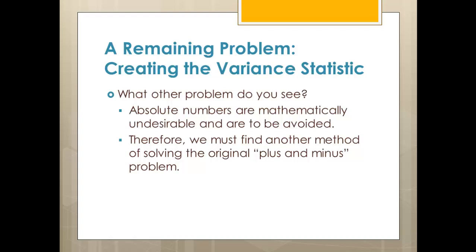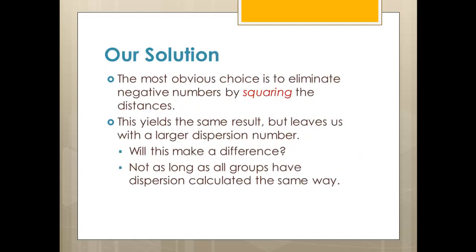Ideally, we want to undo that, but you can't undo an absolute value. So we must find another method of resolving this plus-minus issue, where we get a total of 0 when we add up all the original deviation scores.